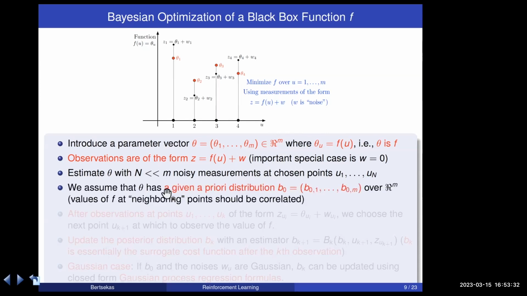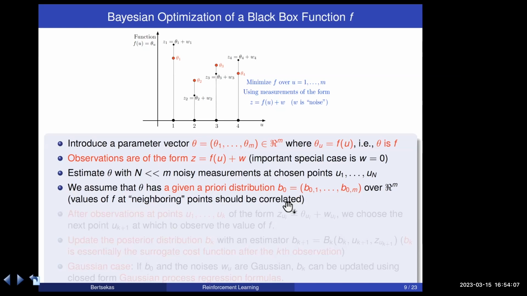So now the assumption we have is that we have an a priori distribution of theta, the values of the function. This is called the prior distribution. It's B0. This is a multidimensional probability distribution over R^m, right? Theta lives in R^m, m-dimensional space. The initial distribution is such that the values at neighboring points are correlated.